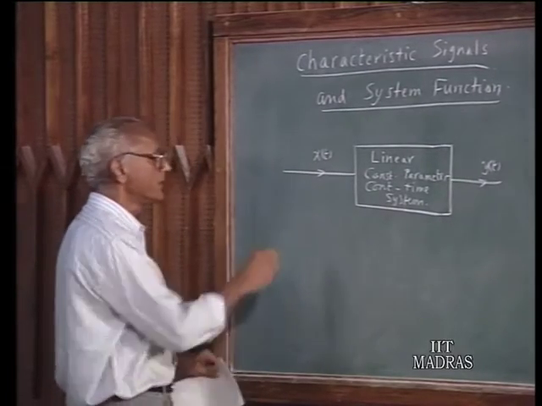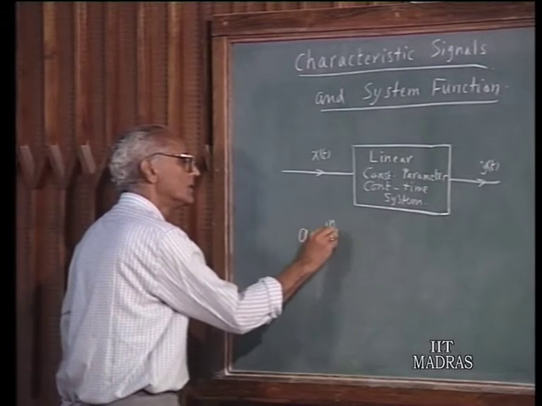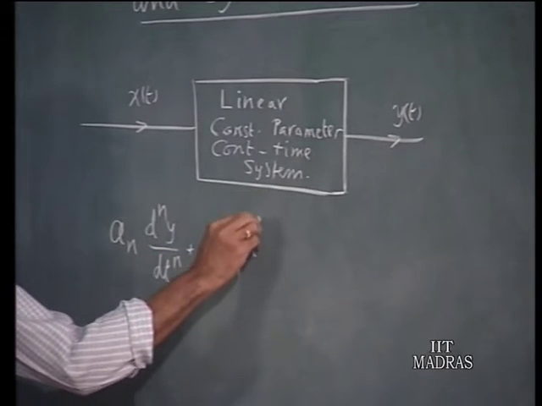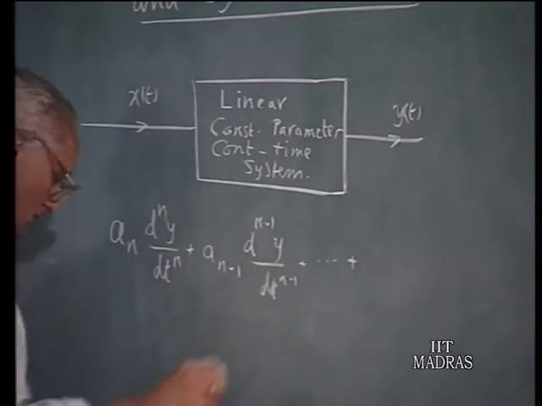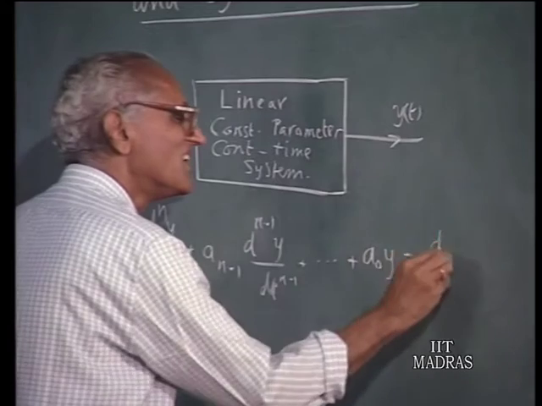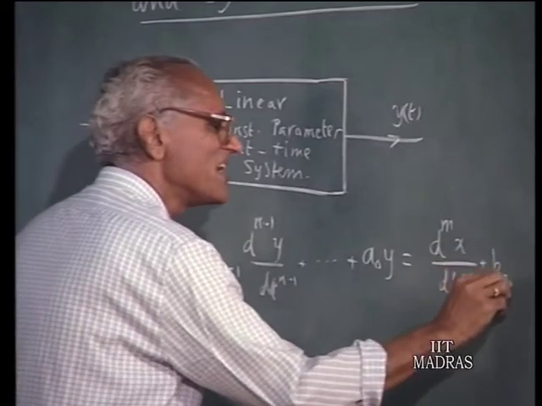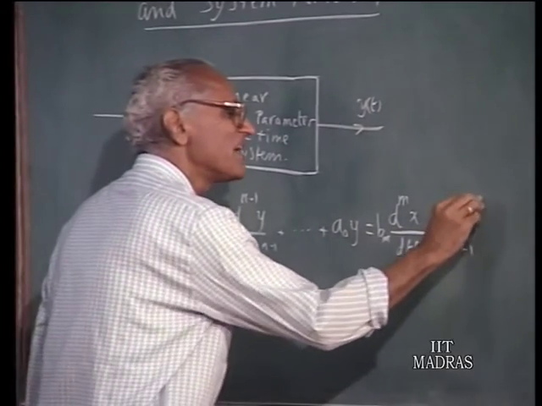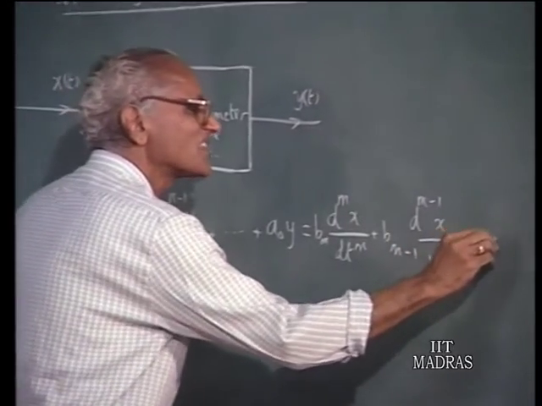Let us assume that the differential equation connecting these two is of this form: a n d^n y/dt^n plus a n minus 1 d^(n minus 1) y/dt^(n minus 1) and so on and so forth, plus a naught y equals b m d^m x/dt^m plus b m minus 1 d^(m minus 1) x/dt^(m minus 1), and so on, plus b naught x.